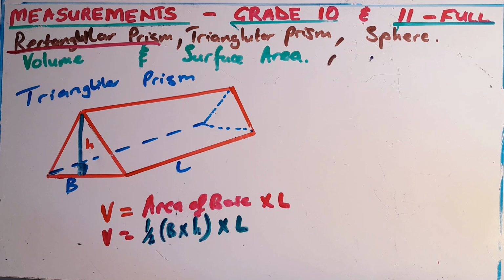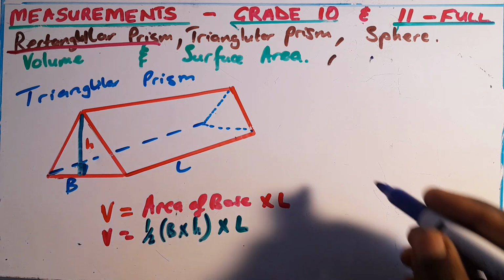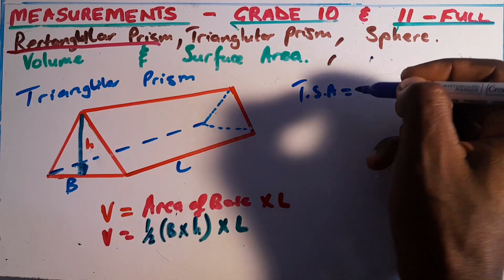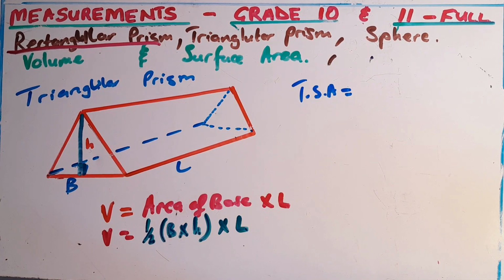The difficult part, a bit difficult I can say, starts when we are trying to find the total surface area of this. But don't forget that the total surface area is the total exterior area of the shape, right?